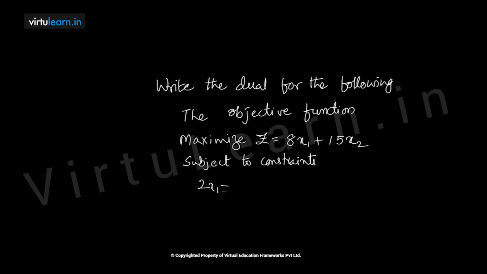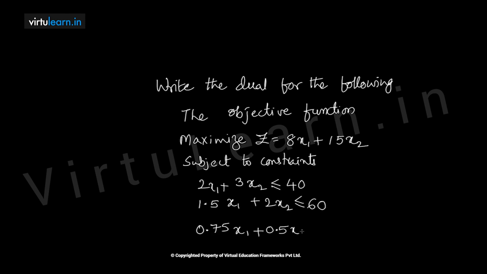2x1 plus 3x2 is less than or equal to 40, and 1.5x1 plus 2x2 should be less than or equal to 60, and the other constraint is 0.75x1 plus 0.5x2 should be greater than or equal to 25.